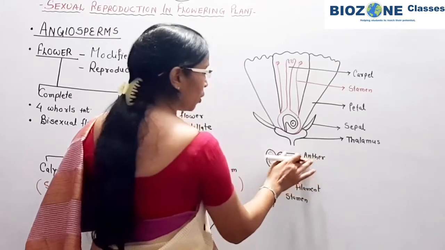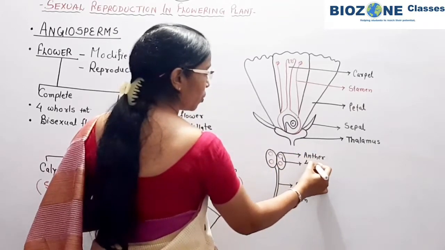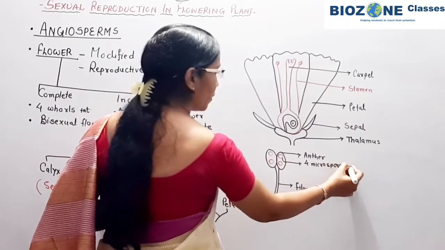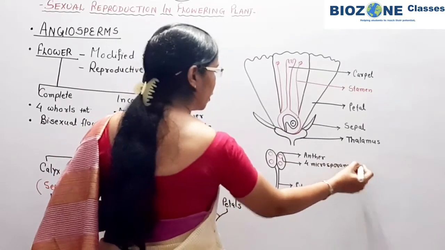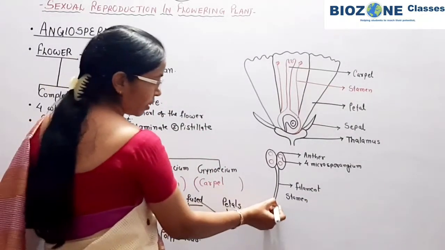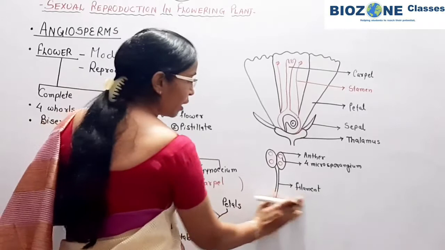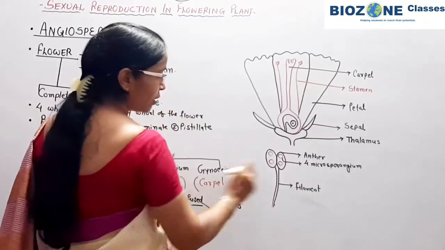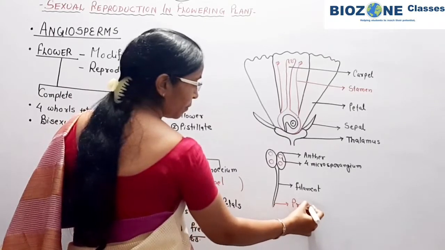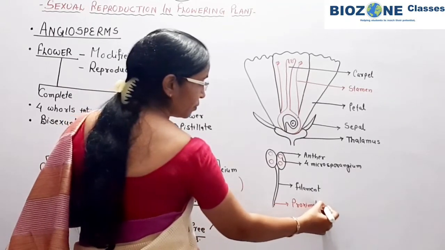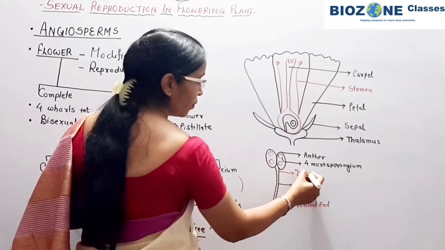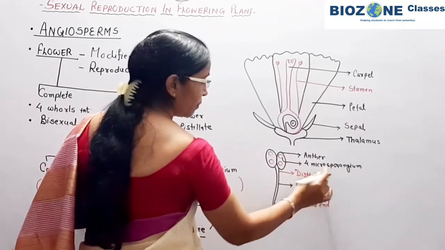So in total, 4 microsporangia or pollen sacs are present inside the anther. In the filament, this is the proximal end and this is the distal end.